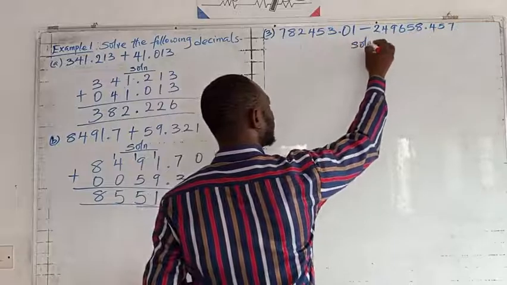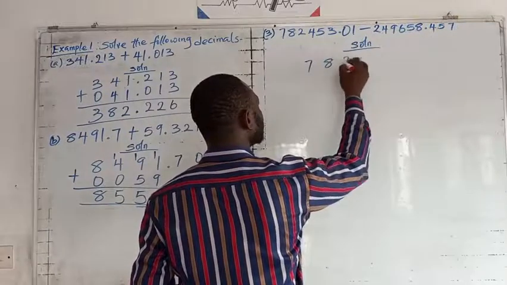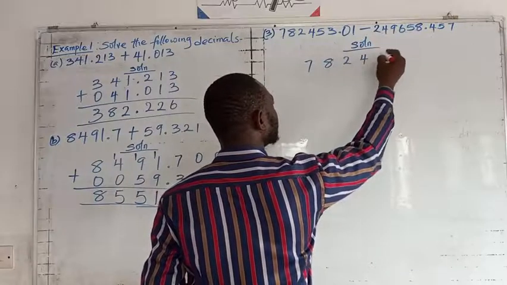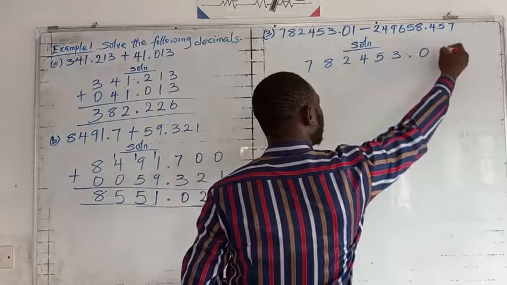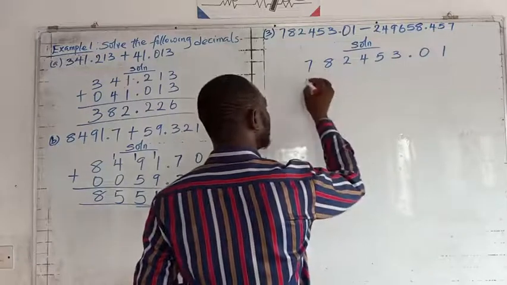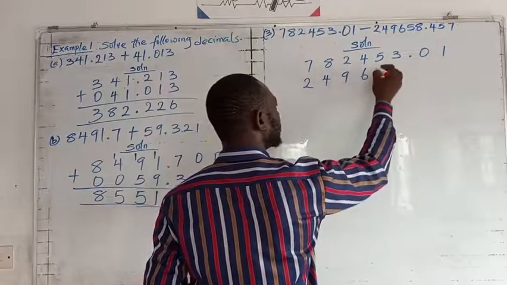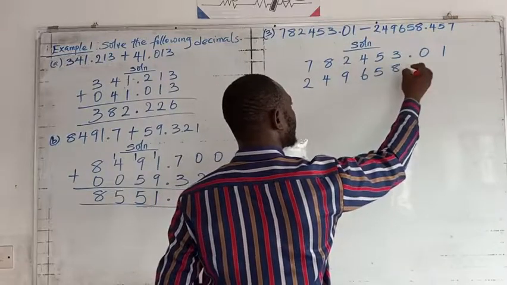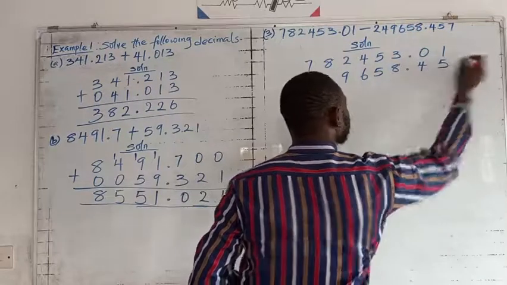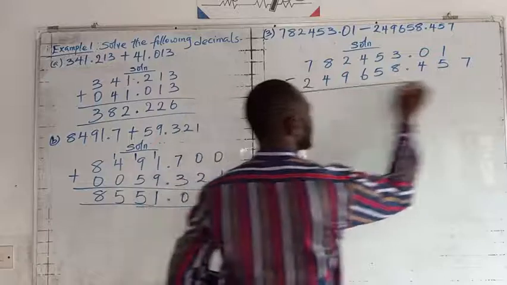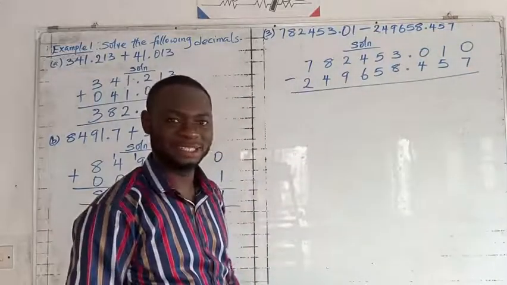Solution. 782,453.01. Then we go 249,658.457 minus. Now we can put 0 here. I see the arrangement. Very important.